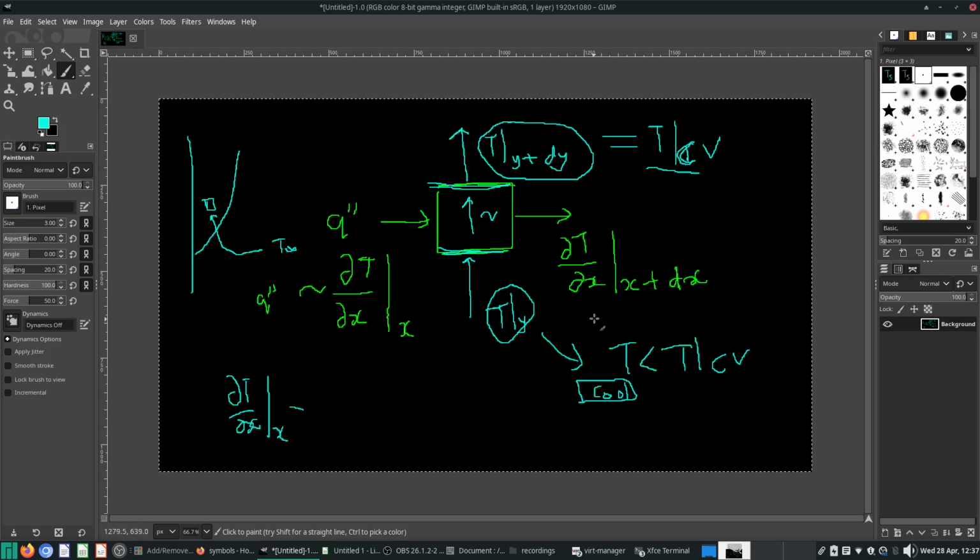It's a minus. So this is the conduction part. I'm not writing all the terms neatly, because I didn't write the conductivity and anything like that.